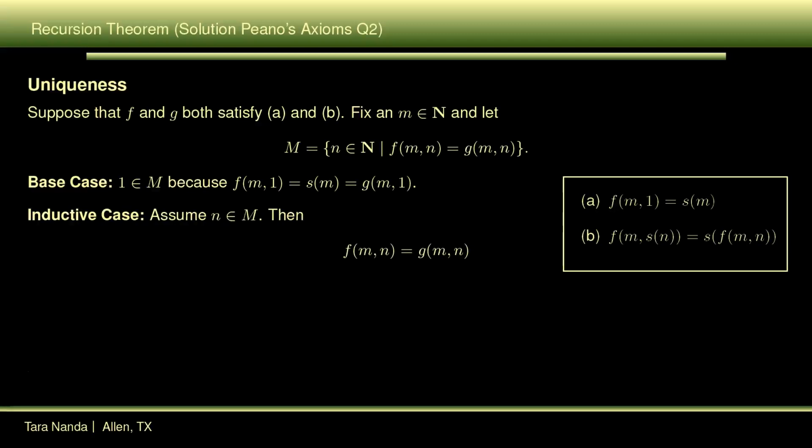Inductive case: suppose that a natural number little n is in the set capital M. Then, by inductive hypothesis, the value of f at m comma n is equal to the value of g at m comma n. Hence, the successor of the left hand side is equal to the successor of the right hand side.